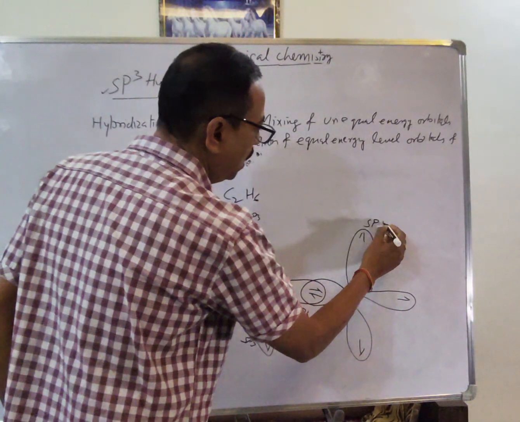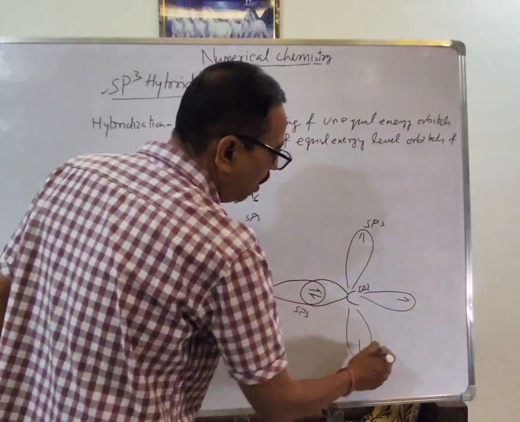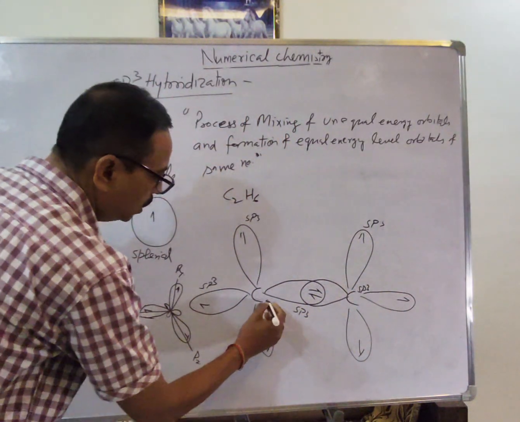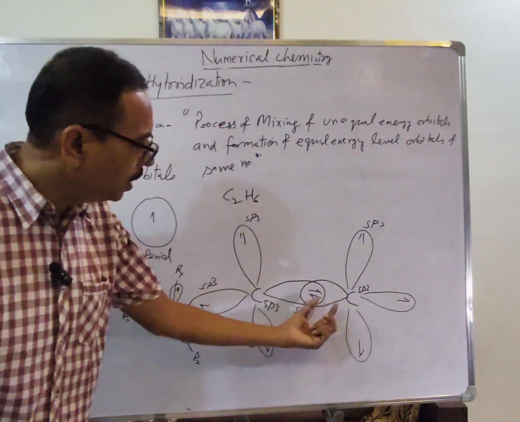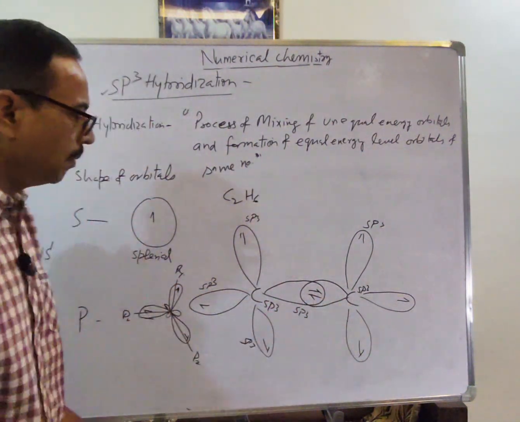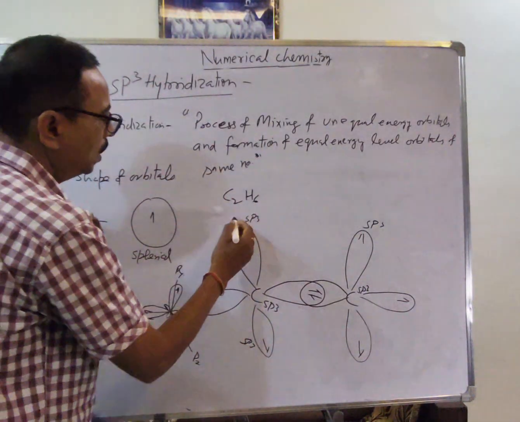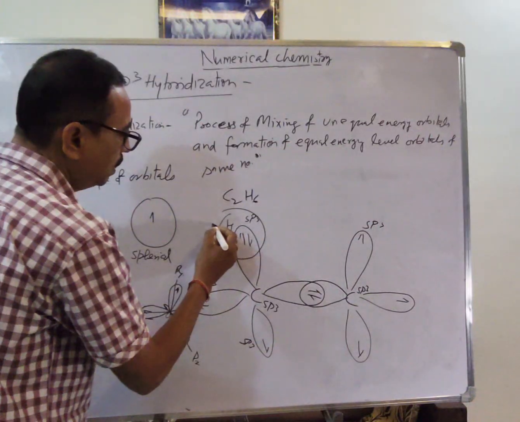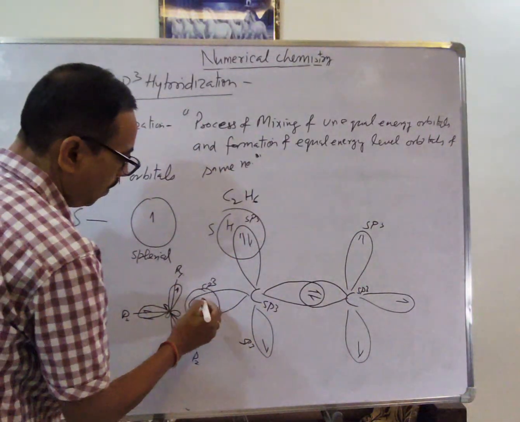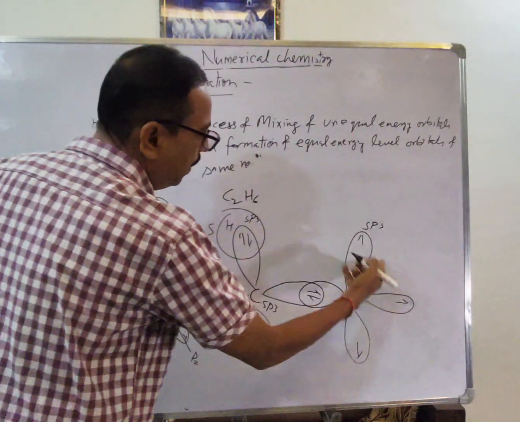The carbon is called an sp3 hybrid. It means all the orbitals are sp3. So this carbon is also sp3. So the carbon-carbon bond is an sp3-sp3 bond. The hydrogens of C2H6 come here and form the bond. This is s. So there are 6 hydrogens: 1, 2, 3, 4, 5, 6.